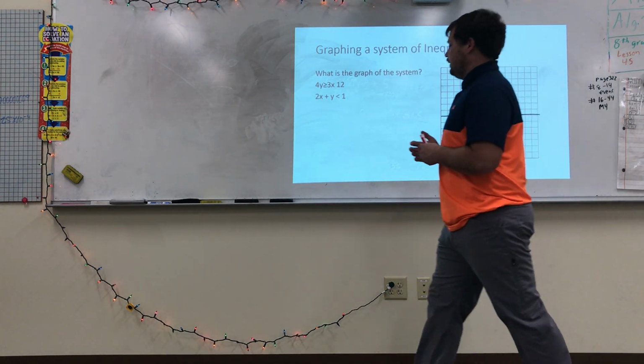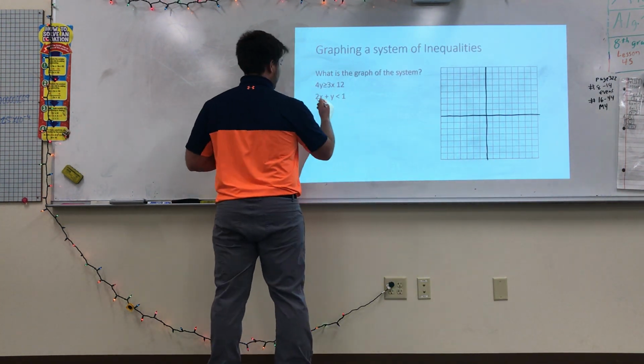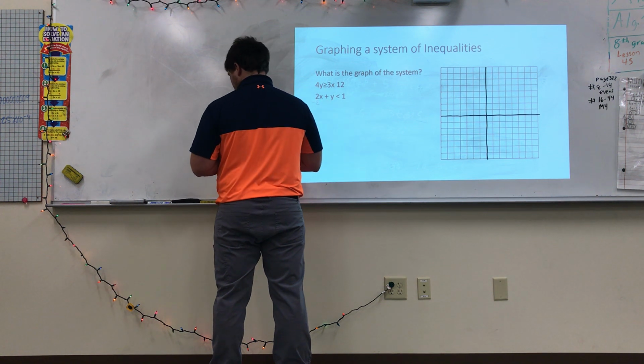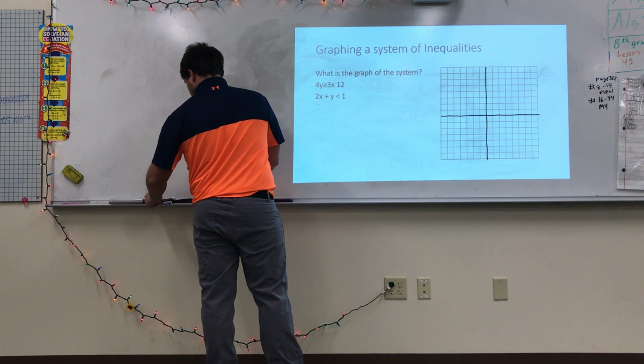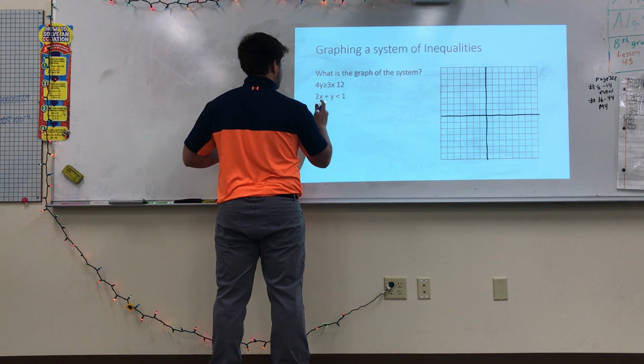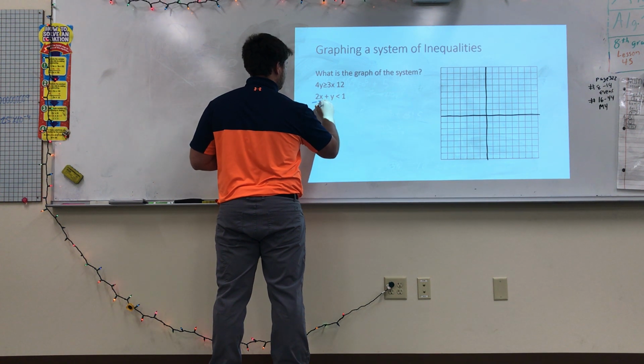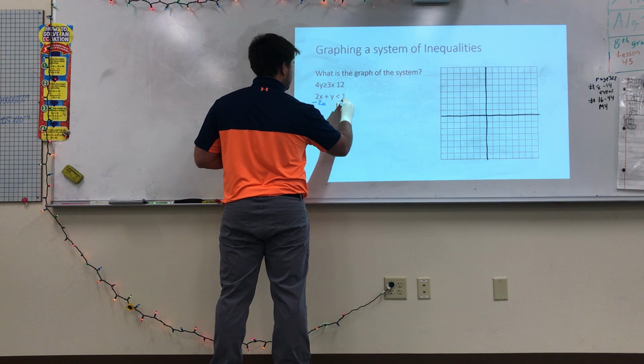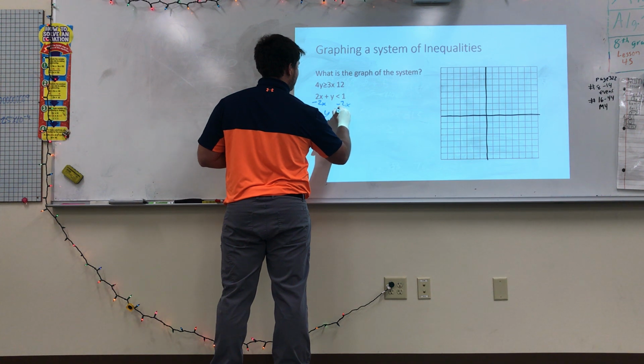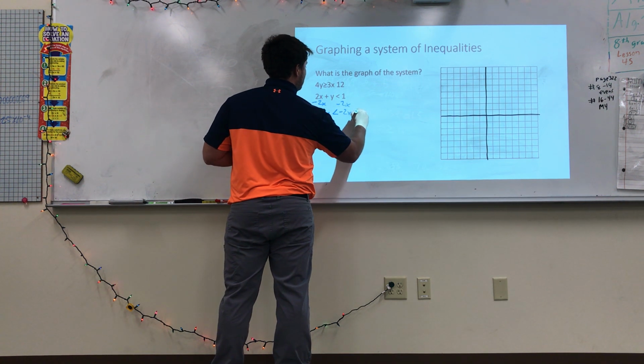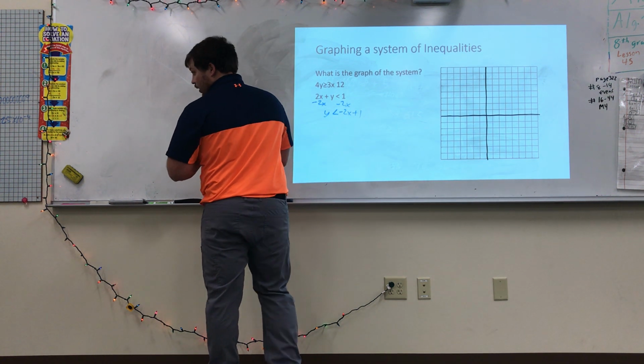Okay? Now, you need this in slope-intercept form, so I'm going to subtract 2x, so we're going to get y is less than negative 2x plus 1. That's that. Okay?